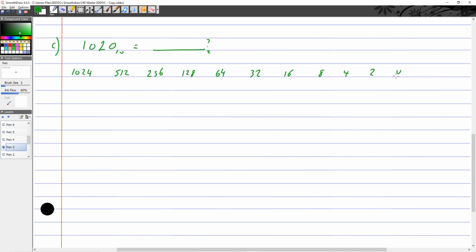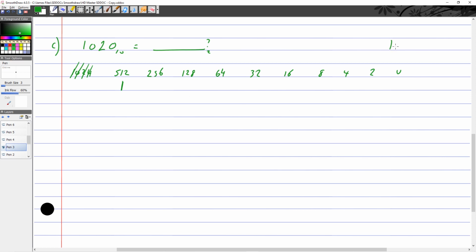Double check the columns. We haven't missed any out. So 1020, we couldn't put a 1 there because 1024 is bigger, so we don't need this column. But 512 fits into 1020, and then we do the remainder.